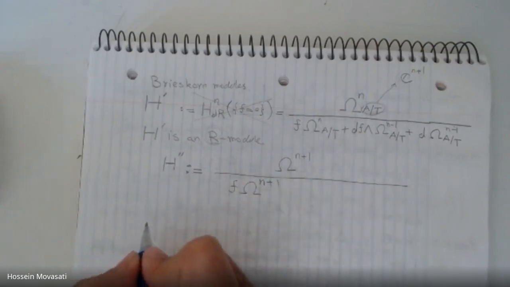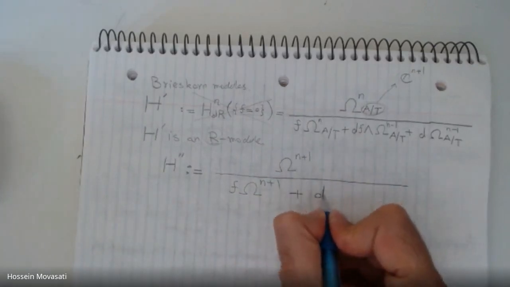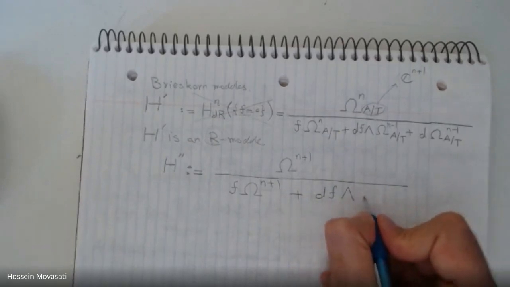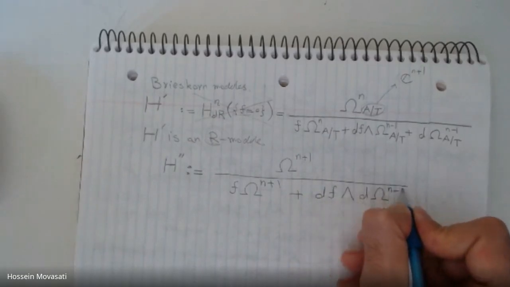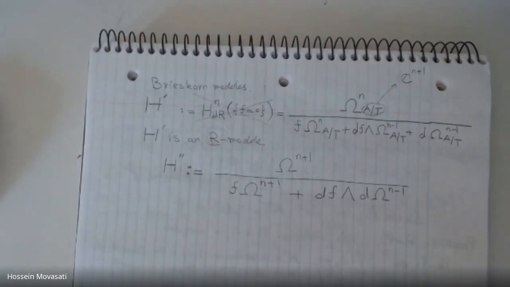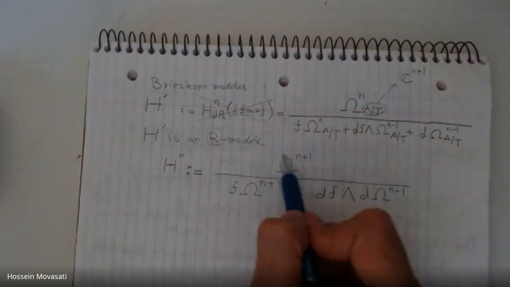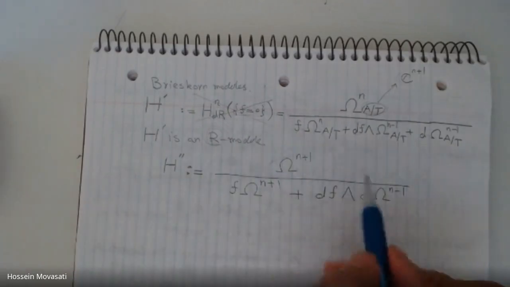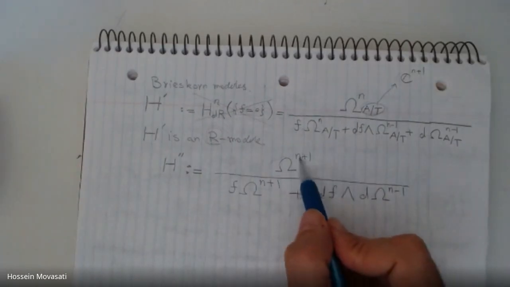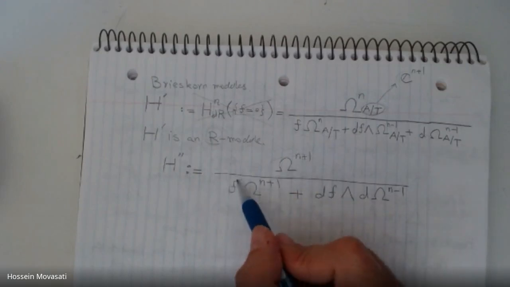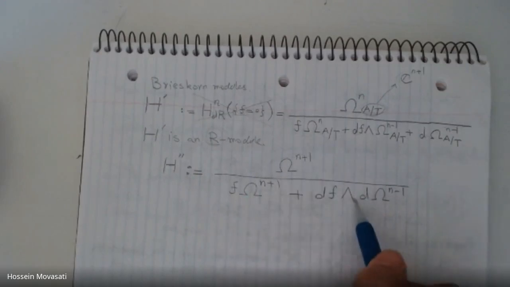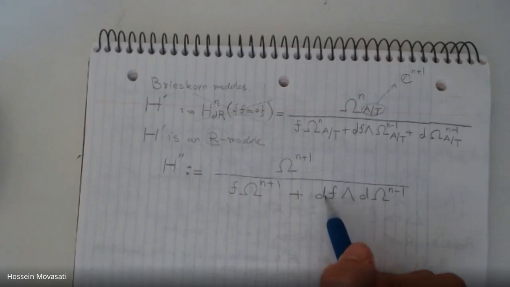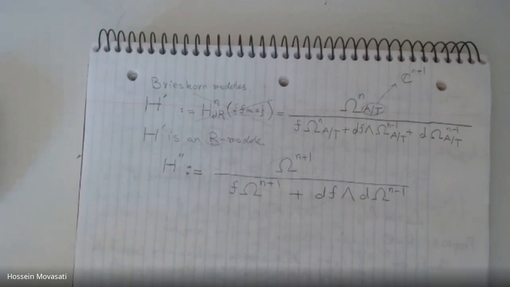So those which are multiples of these guys plus f, and it turns out that this is also a nice module. So you see, n+1 forms modulo those which are multiples of f, and modulo those which are df wedge d of something. And in a minute, I will say why this is useful.